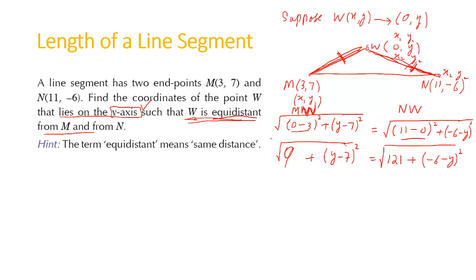Now I will take the square of both sides. The square root and the square will cancel out.